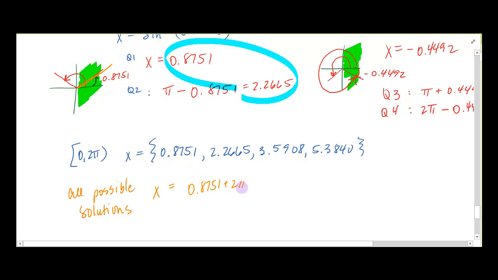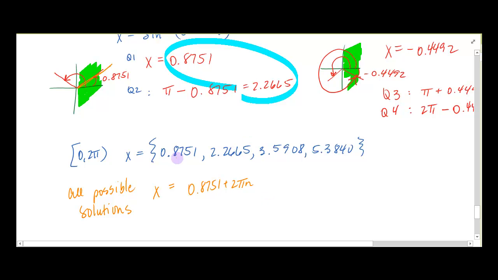plus 2 pi. And if I went around the circle 5 times, that would be 0.8751 plus 2 pi times 5, right? Because I went around 5 times. So we put an n on there to indicate the number of times I went around the circle, or how many revolutions I went around. And that brings me back to that same exact angle, because remember, I have multiple angles for solutions on a circle, because I can keep going around and around.